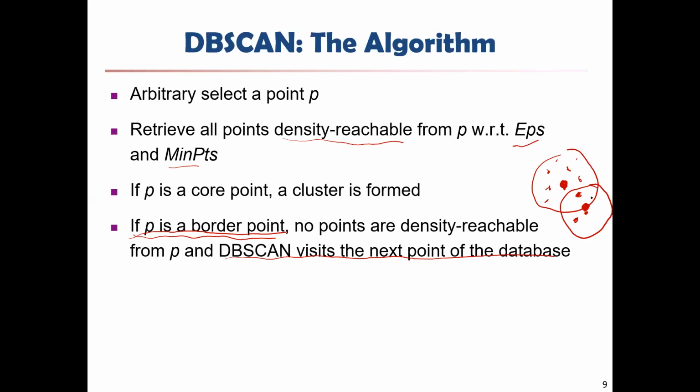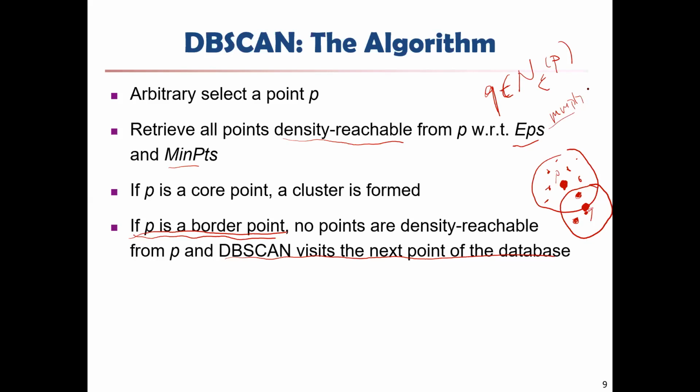In addition, this point is a member of this neighborhood. Let's call this P. Let's call this Q. Q is a member of this neighborhood. Q is an element of the epsilon neighborhood of whom? P. That means it is a border point, but not a core, because it doesn't satisfy the condition for the minimum number of points.